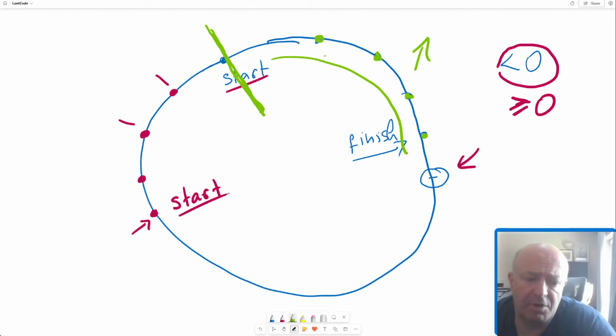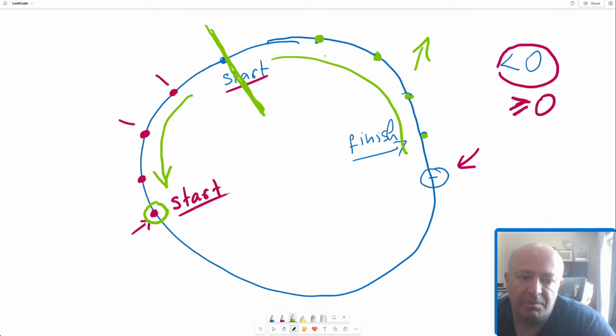And that's also impossible for the reason that this is the first time when tank became non-negative, right? When we were moving start counterclockwise, tank went 0 or above for the first time here, right?